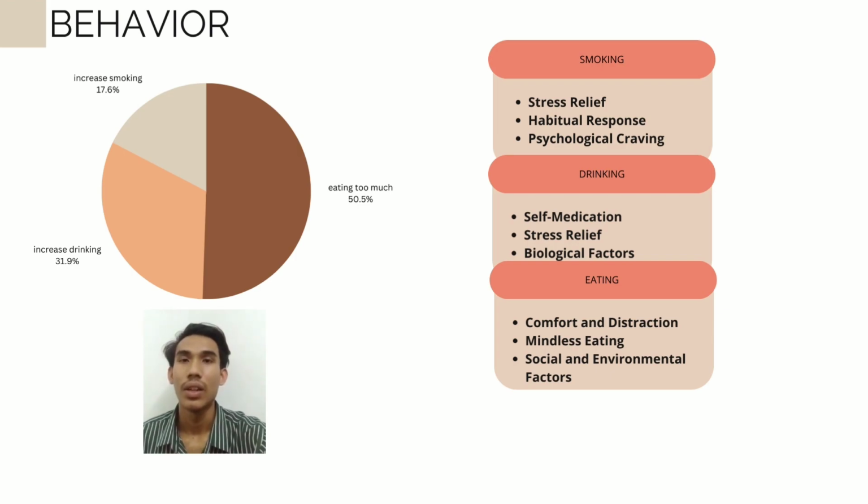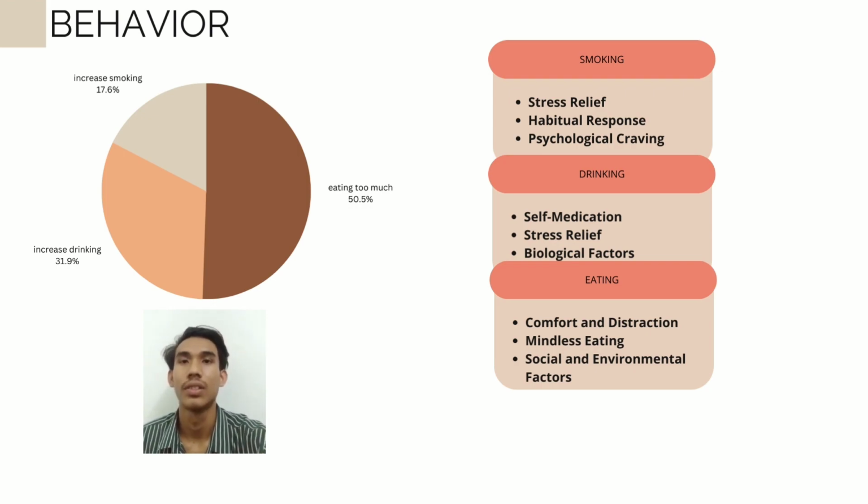Next, they also crave high-calorie foods. Stress can trigger cravings for high-calorie, sugary or fatty foods. Those foods can temporarily stimulate the brain's reward center and provide a sense of pleasure or satisfaction.